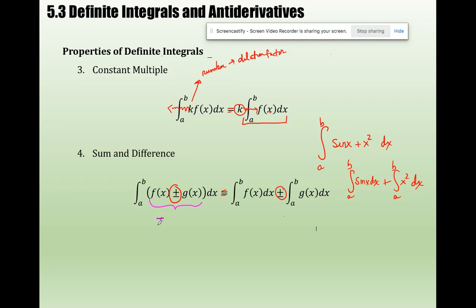This is called the integrand. This curly Leibniz's sum thing is called the integral sign.